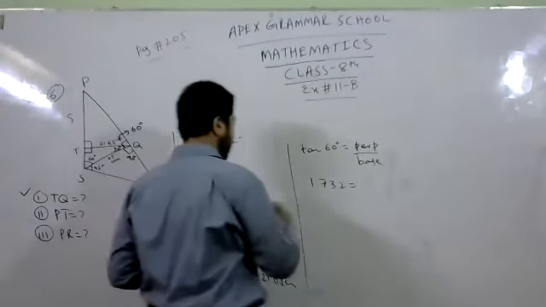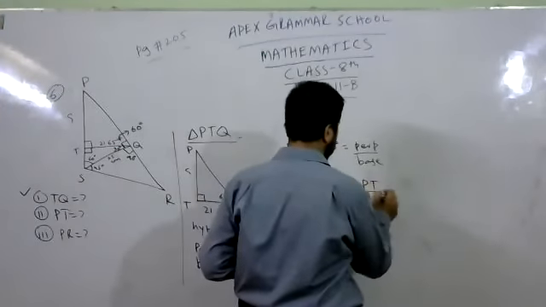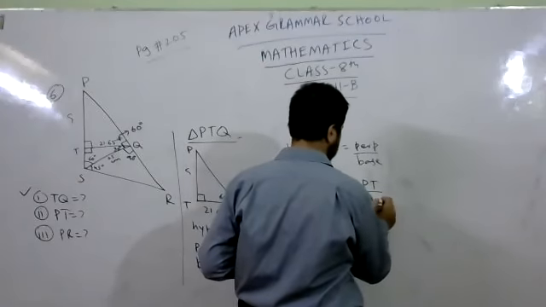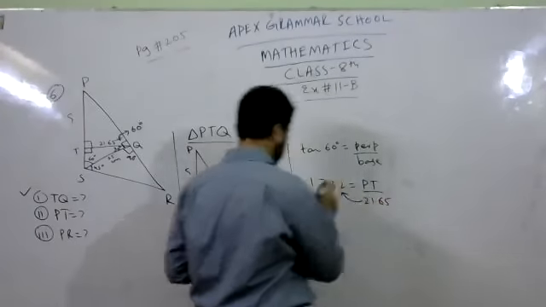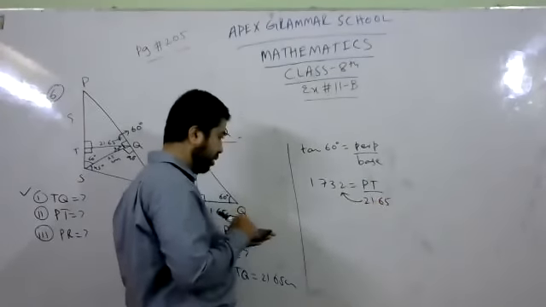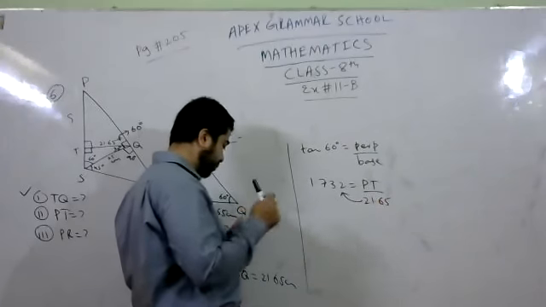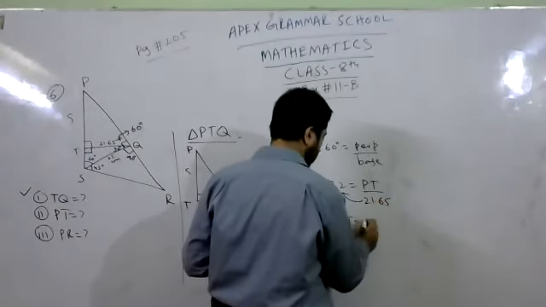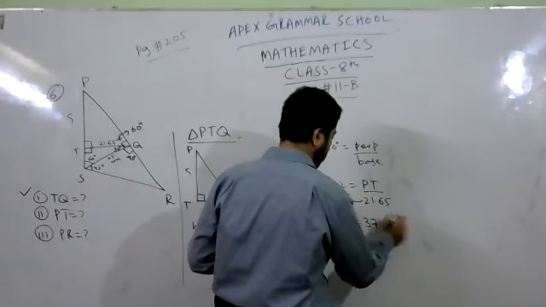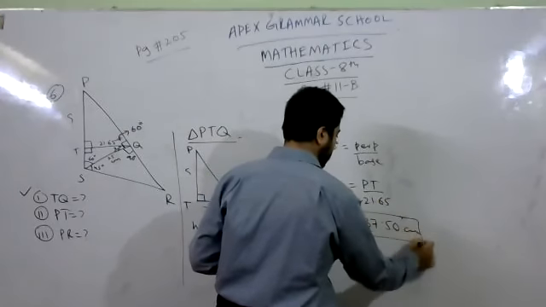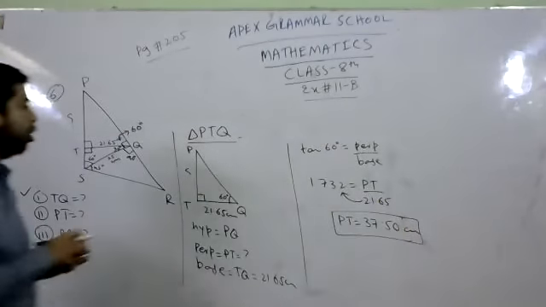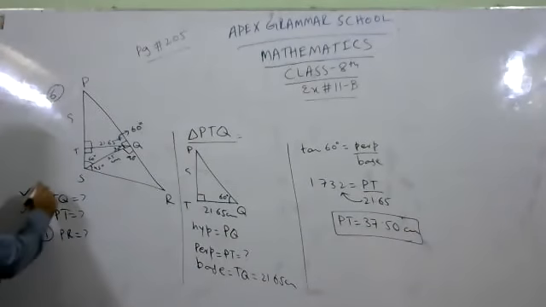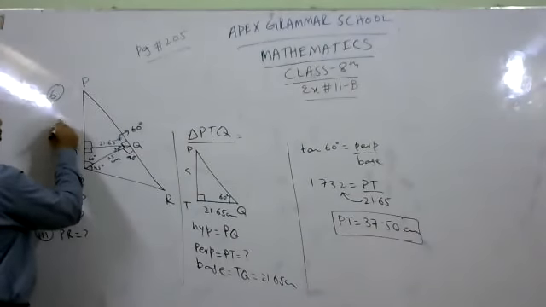Perpendicular is PT. Base is 21.65. Multiply it. 21.65 times 1.732 is 37.50. That's it. Now the PT side is 37.50.